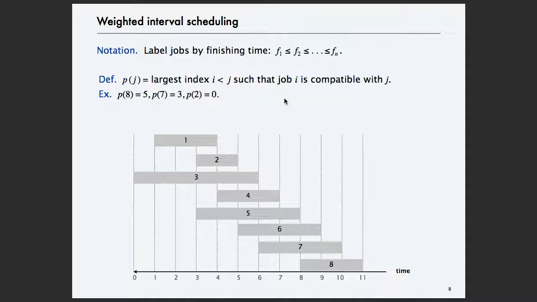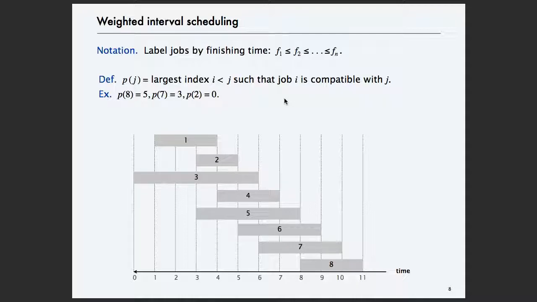In that case, there's nothing else. So it's just 5, right? Now, if I was doing, say, 7, on this slide, if I include 7, I will do the weight of 7 plus however was up until this time, right?